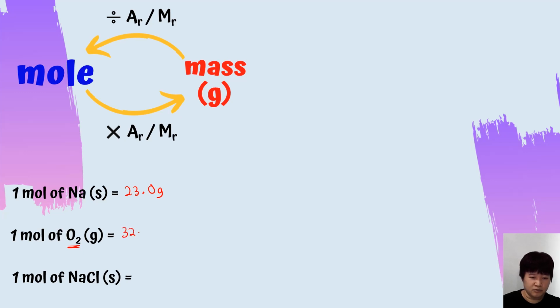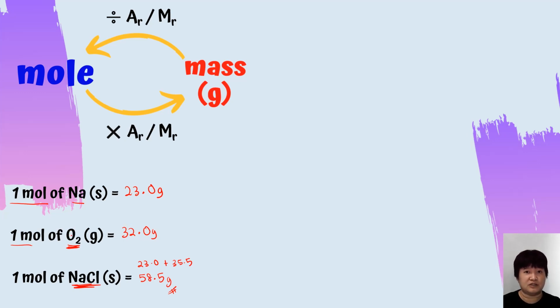Is 32 gram, the relative molecular mass of oxygen gas. 1 mole of sodium chloride is equals to the mass of sodium plus mass of chloride, which is 23 plus 35.5. So 1 mole of sodium chloride will give rise to 58.5 gram. 1 mole of the atom or 1 mole of the molecule will be equal to the relative atomic mass of the atom or the relative molecular mass of the molecule.